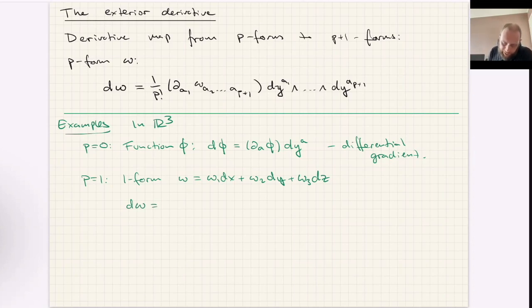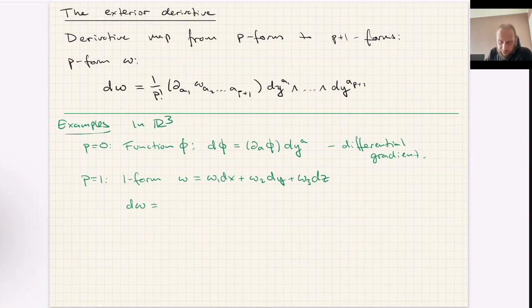So in essence, what I want to do is for each term, I want to apply the derivative in all directions, and I want to wedge in the corresponding coordinate differential. For the first term, you see that if I wedge in the dx with this one, I'm going to get 0. So that's not going to give anything.